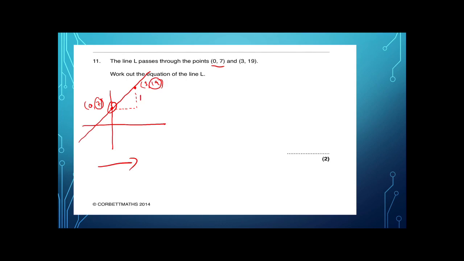So that height is 12. And then the x values go from 0 to 3, so that distance is 3. So the gradient is the rise over the run, which is 4. So using y is equal to mx plus c, y is equal to 4x plus 7, since the gradient is 4 and the y-intercept is 7.